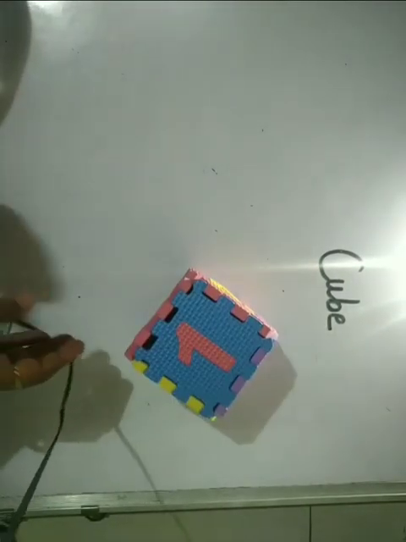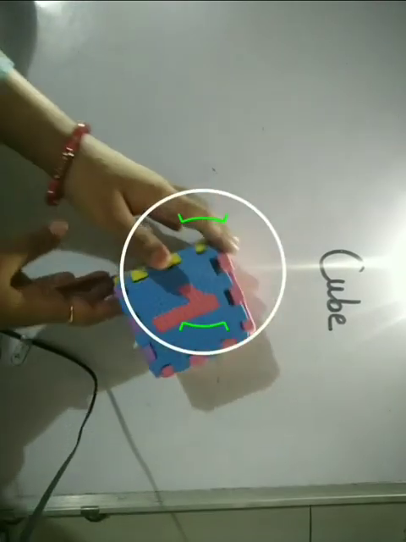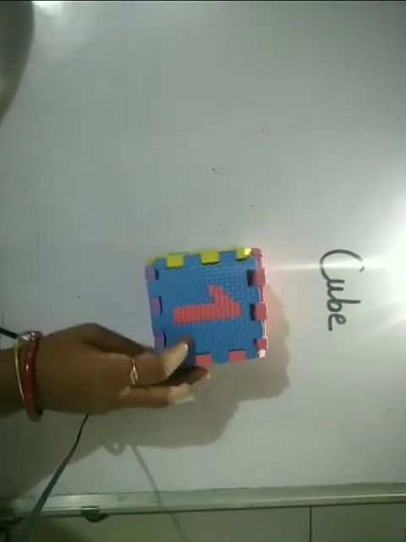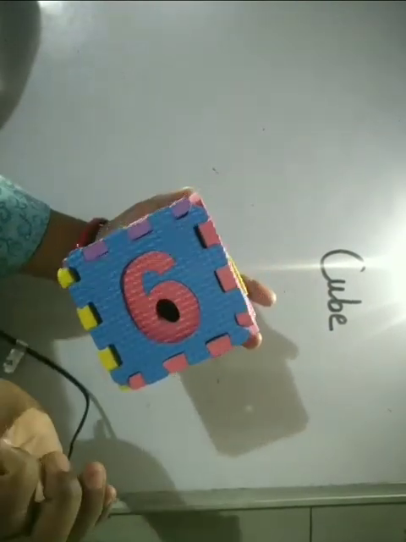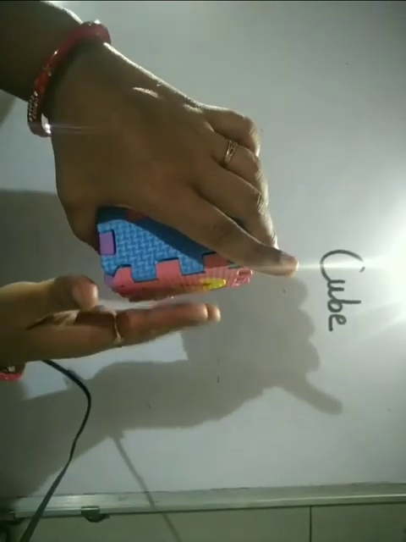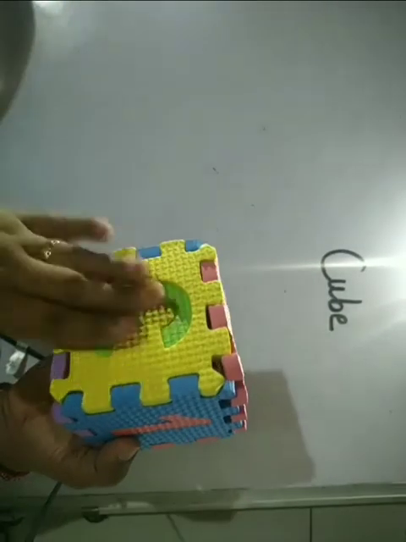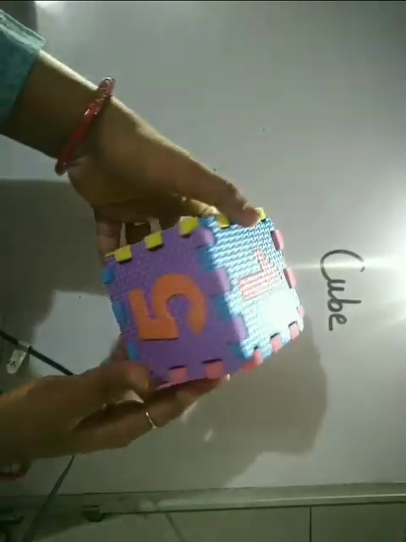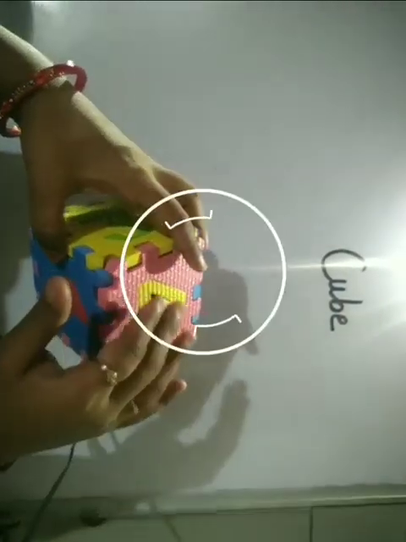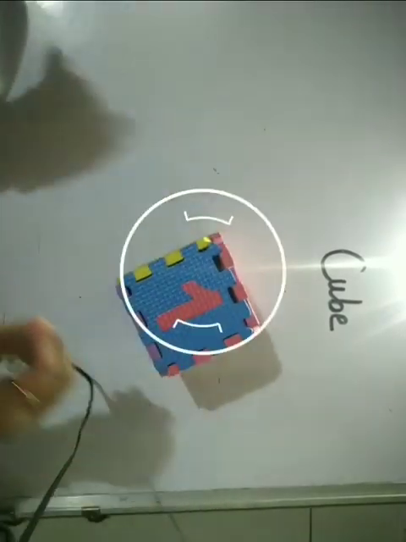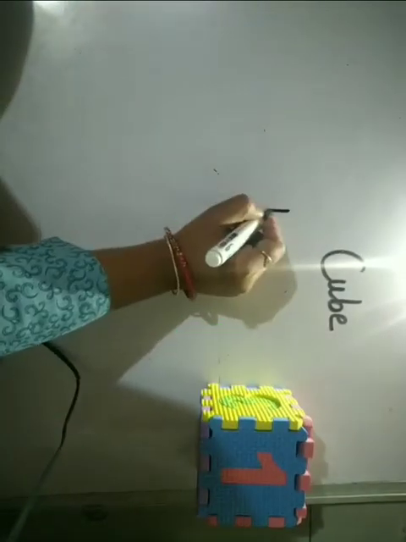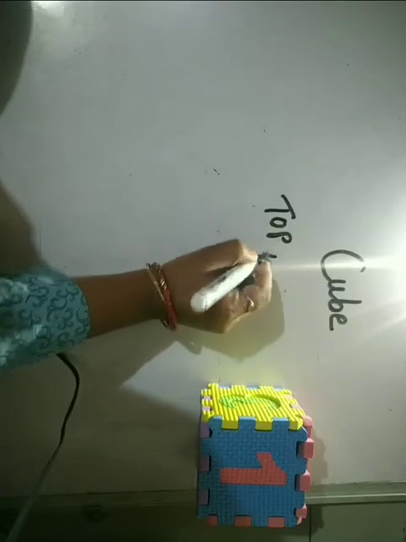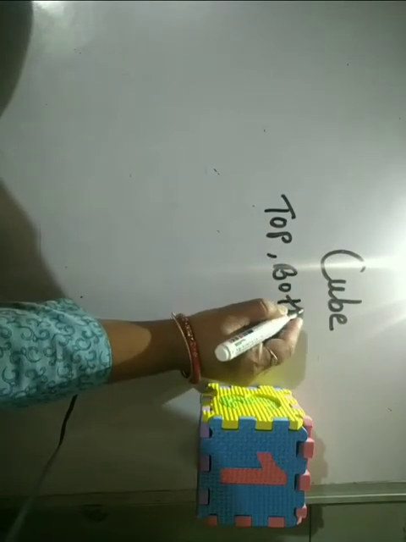Okay, now let's see the surfaces. If my number one is the top one, then my bottom is number 6. If the right surface is number 2, left surface is number 3, and if front surface is number 5, back surface is number 4. Okay, so as you can see here, there are total 6 surfaces in cube. First is top, and opposite to it is bottom.